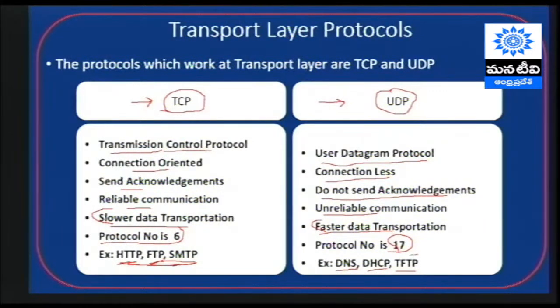Apart from these, there are other applications like video conferencing and voice over IP. All the real-time applications also depend upon the UDP protocol for data transmission. So you can see the various functions performed by the transport layer.